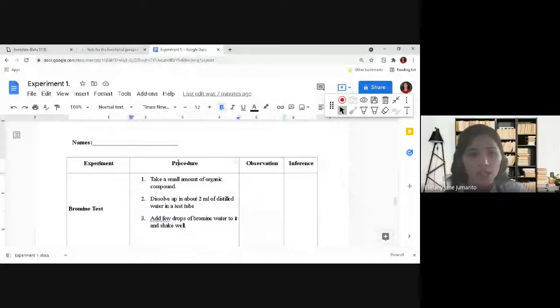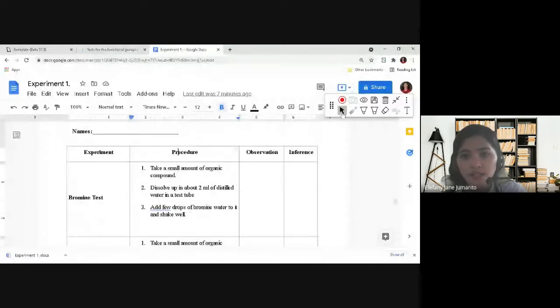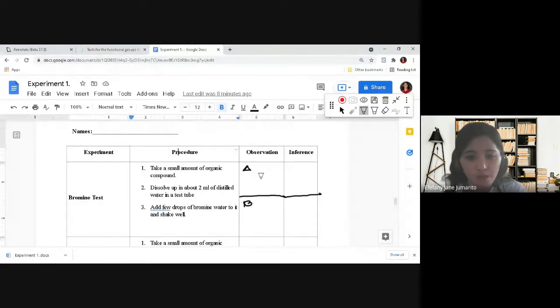So here, in your activity, for the bromine test, you have A and then we have B. Your observation in A, you put your observation: is it a disappearance of red color or appearance of red color? Okay, that's your observation.